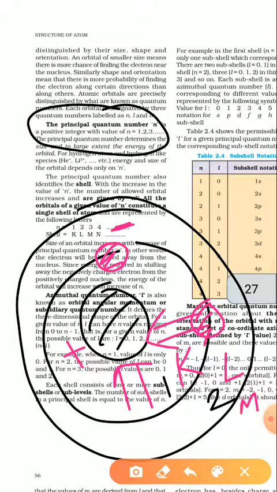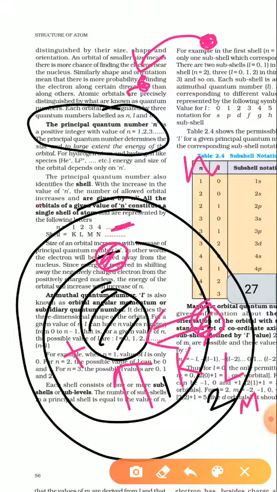But the energy of the orbital can also be thought of in a different way, which is the energy shifting. As the value of n increases, the energy shifting will increase. We studied in Bohr's atomic model that electrons might shift from a higher energy level to a lower energy level.